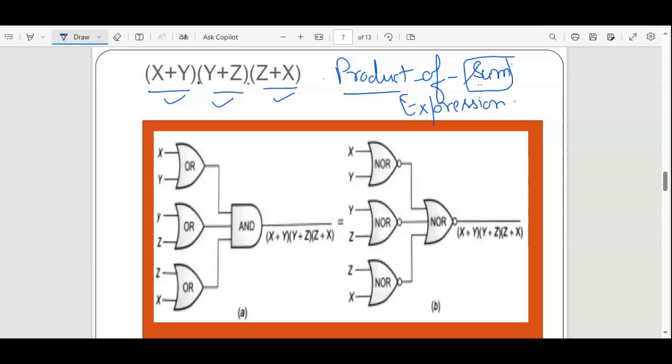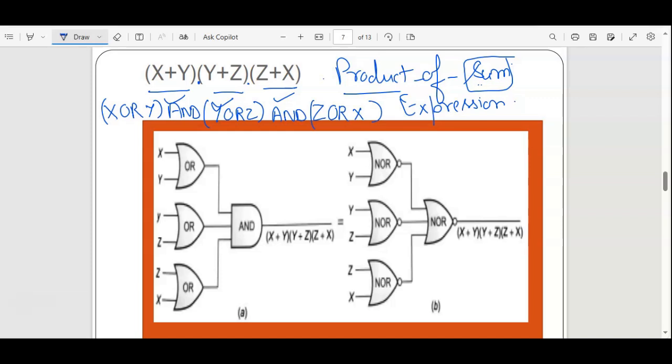Now we will go for the circuit diagram. If you remember, the plus you will replace with OR, so this is x OR y, and the dot you will replace with AND, and then y OR z, then AND, then z OR x. This is the way.